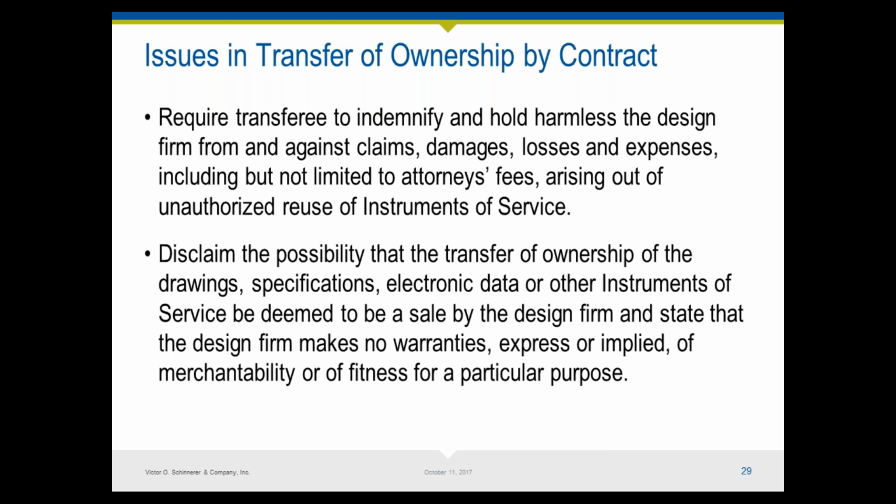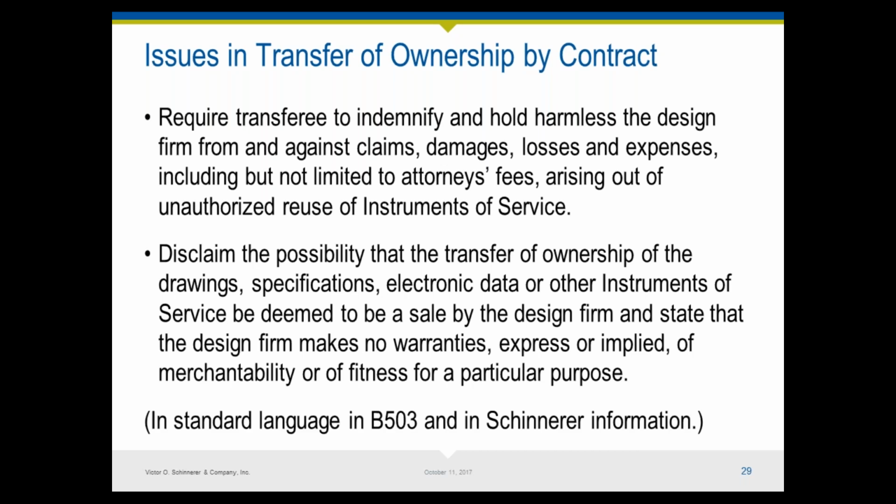And again, saying that you're not selling documents, right? You're selling the rights to the design, the instruments of service for that design. So you avoid those product liability warranties that aren't covered by professional liability, the warranties of merchantability, fitness for a particular purpose, those provisions.